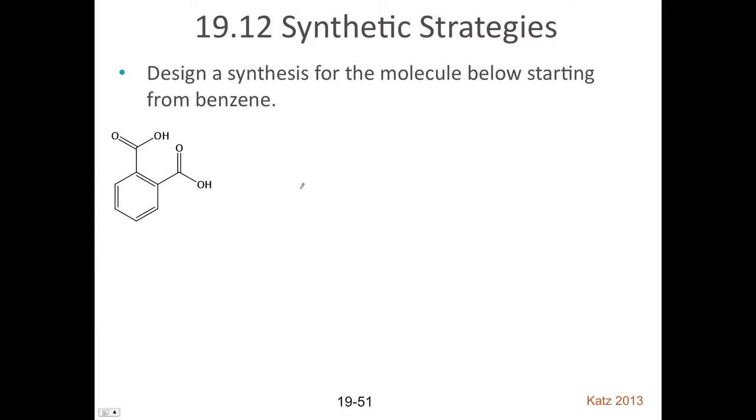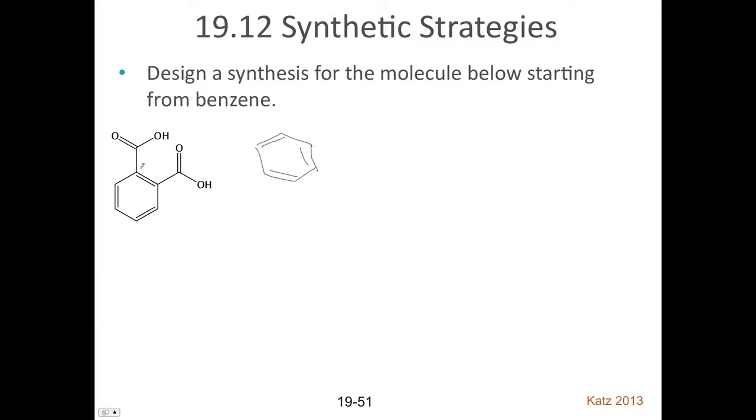All right, design a synthesis for the following molecule starting from benzene. Okay, let's go into this. There are several ways to do this, and here's just one way that I can think of. So from benzene, can we put anything on here? Do we know any way to put a carboxylic acid directly on here, and then put another carboxylic acid on here?